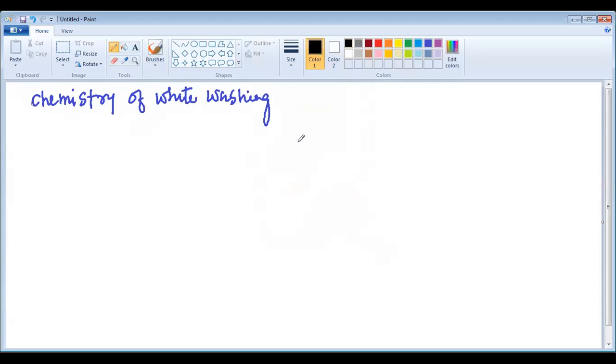So we have seen that we have CaCO3. This CaCO3 is first turned into CaO.